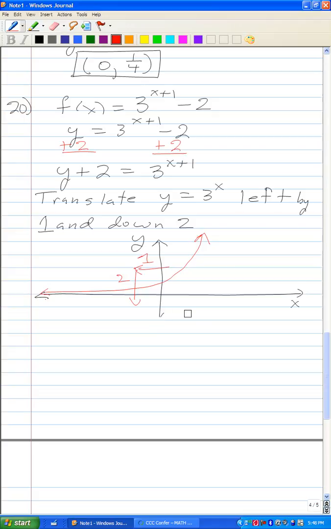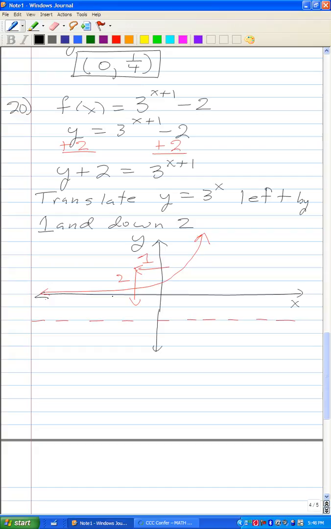So that means I'm going to be taking this. Actually, since I'm going down 2 units, I'll draw the x-axis being translated down by 2 units, so it'll make it easier for me to draw.